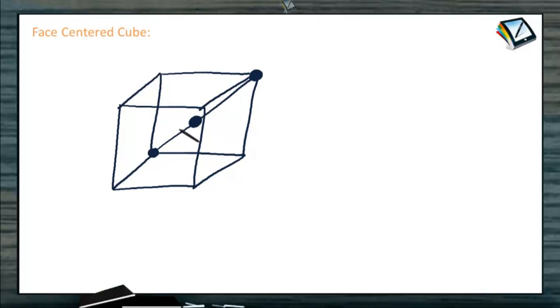Now if you want to represent the distance between the neighboring atoms, this would be the distance. We know that this is an edge length A and this is also edge length A. According to Pythagoras, the distance of the face diagonal is root 2 A, which is equal to 4R. So the distance between the two neighboring atoms should be half of the distance of the diagonal. So the distance between the two neighboring atoms, that is D, equals root 2 A by 2.